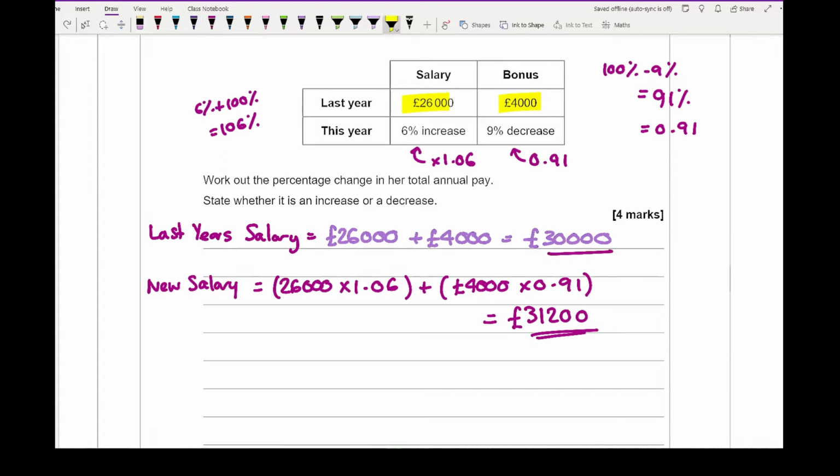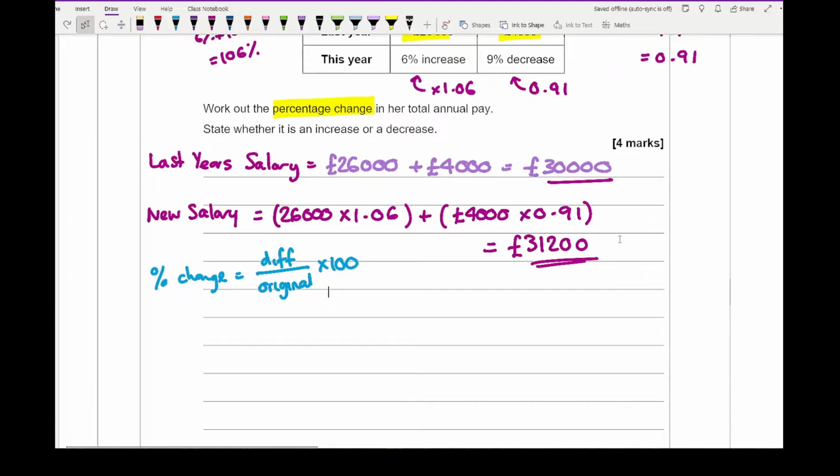Now the question is asking for the percentage change. So to work out percentage change, we need to use the correct formula. So percentage change, it's the difference divided by the original multiplied by 100. So for this, what we need to do first is work out the difference between the two salaries.